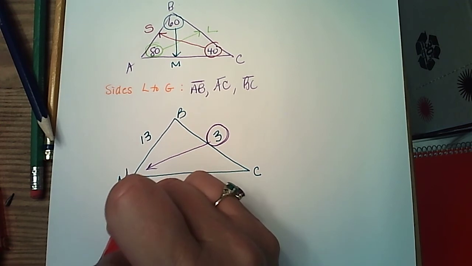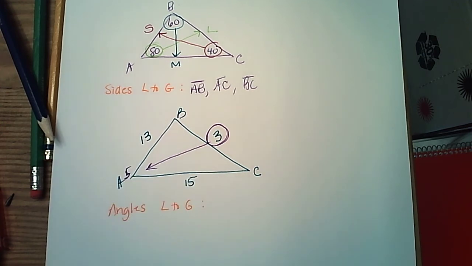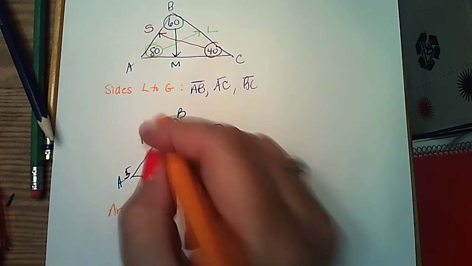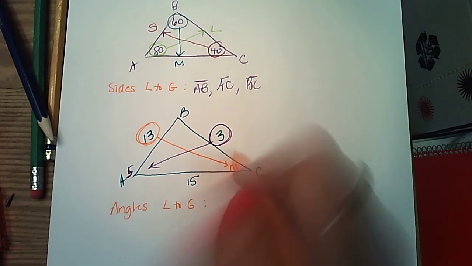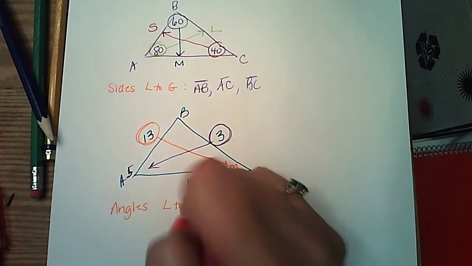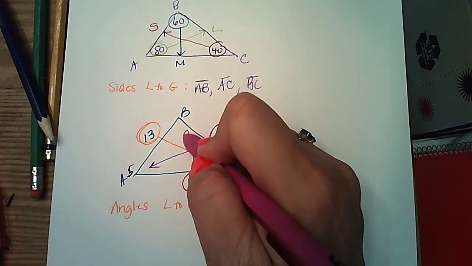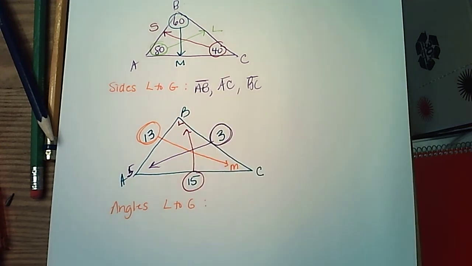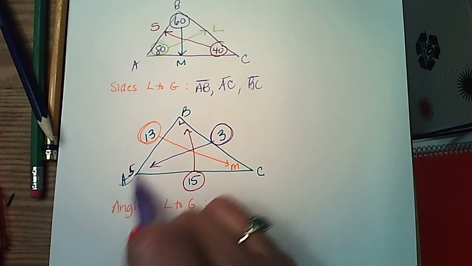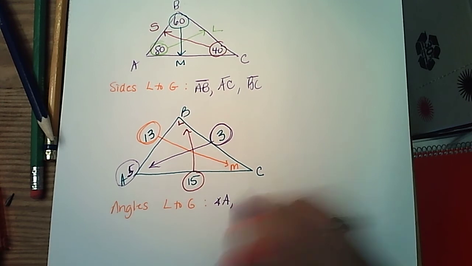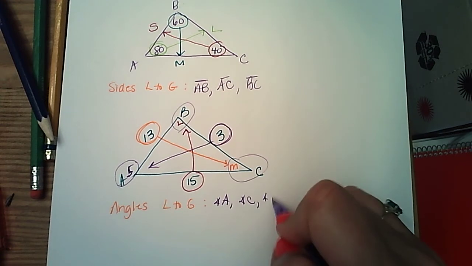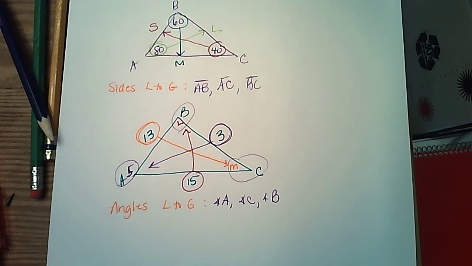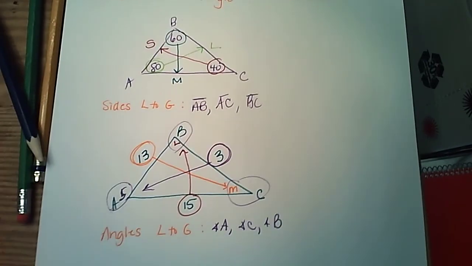So angle A is going to be my smallest. Then my medium side straight across gives me my medium angle. And then my largest side straight across gives me my largest angle. So now, when I want to order my angles from least to greatest, my smallest angle is angle A, my medium angle is angle C, and my large angle is angle B. Very common, very straightforward, so I like that.